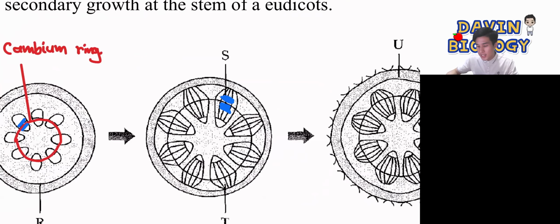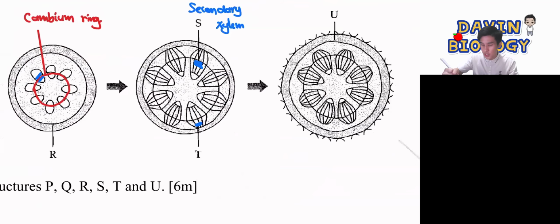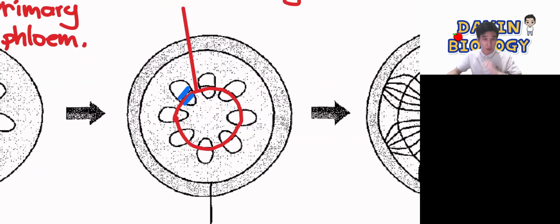So basically, S is pointing at the secondary xylem, and on the outside one is your secondary phloem. And then if you're still confused, just remember, I drew it here for you already.